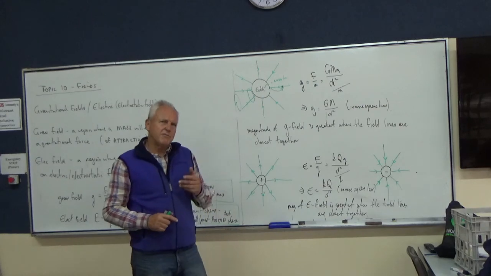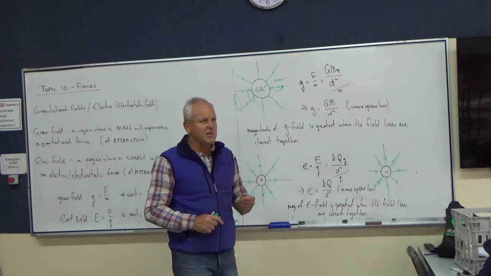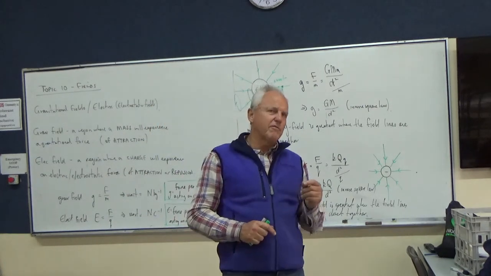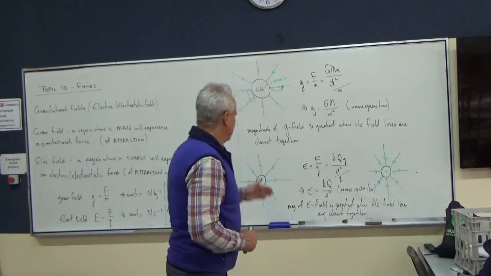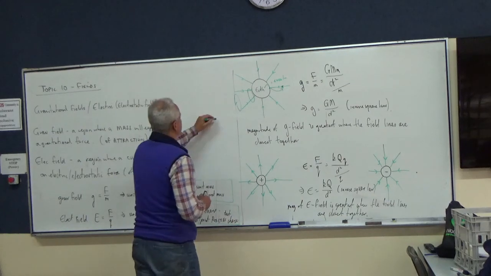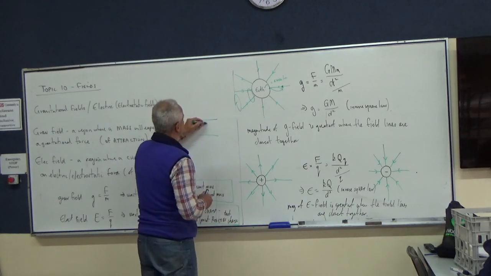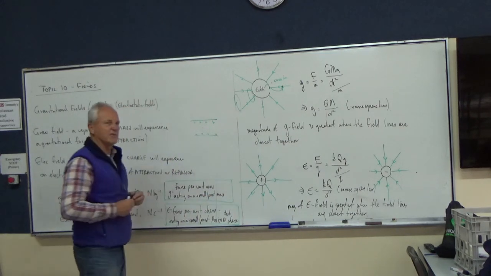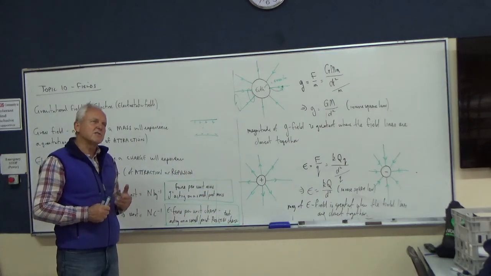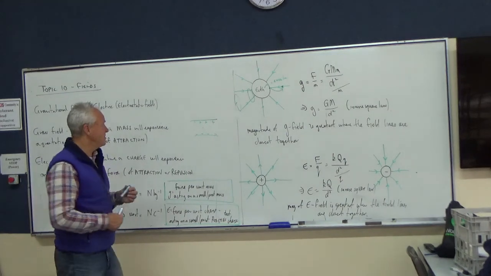Remember, the direction of the electric field is defined as the direction of the force on a positive test charge. It's okay there, but if, for example, I had some charged plates, the direction of the electric field there is the direction of the force on a positive charge.